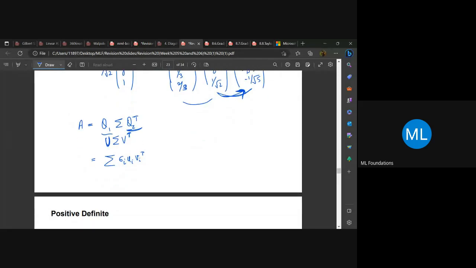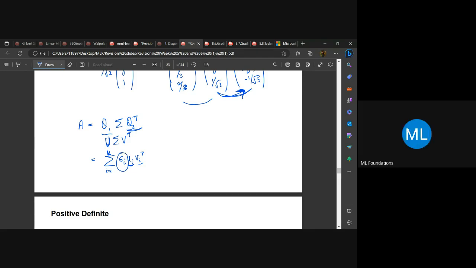Now what we are saying is this can also be written in this form. Ma'am, how is this form generated? The ui's are coming from Q1 and the vi's are coming from Q2. The sigma i's are the singular values that you have.